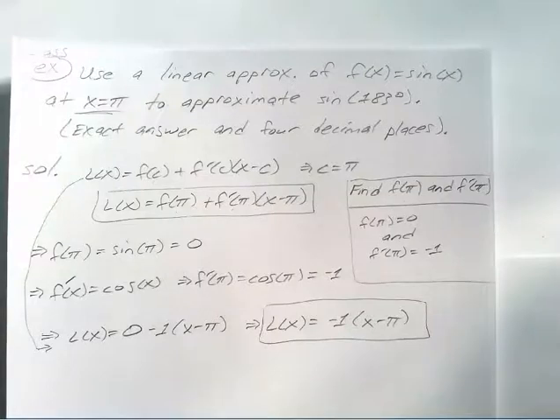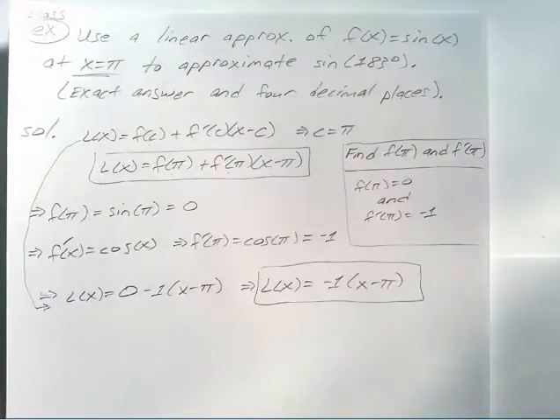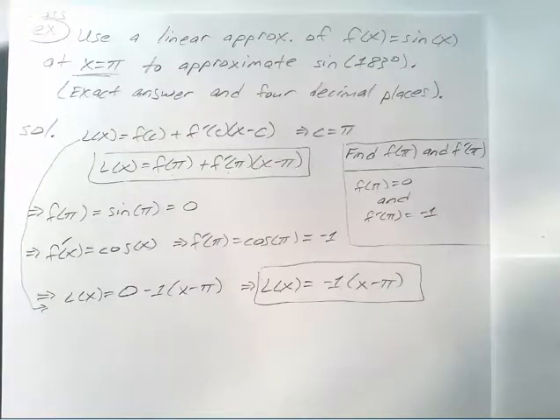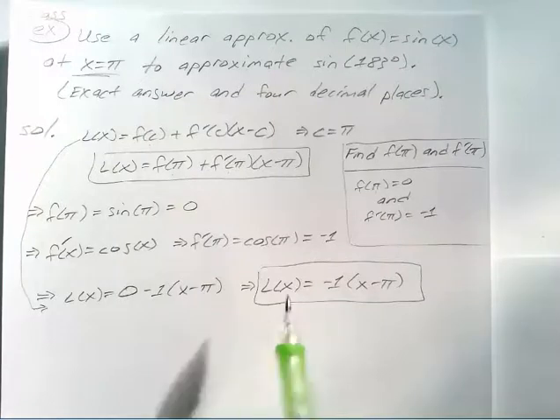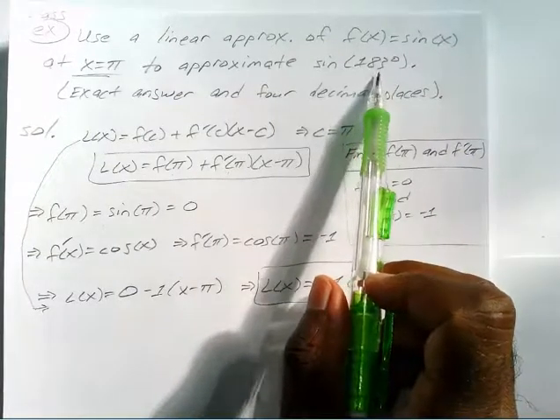All right, so now to make this a little bit easier to put as an exact answer, we can get our 183 degrees and convert that to radians.